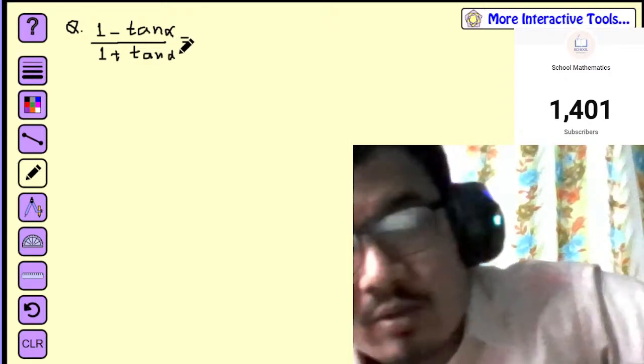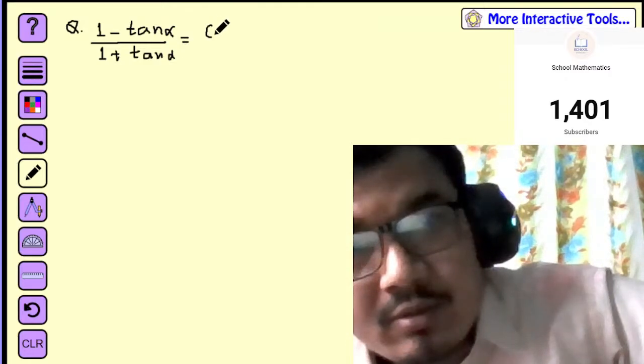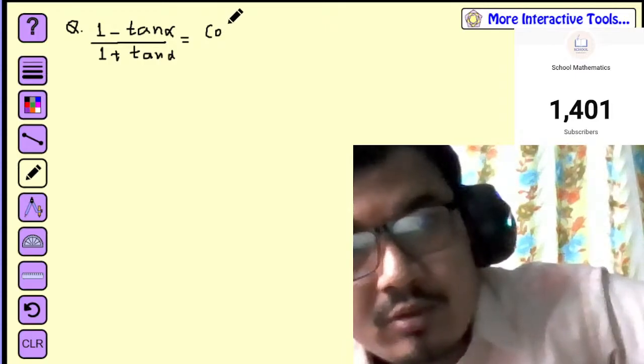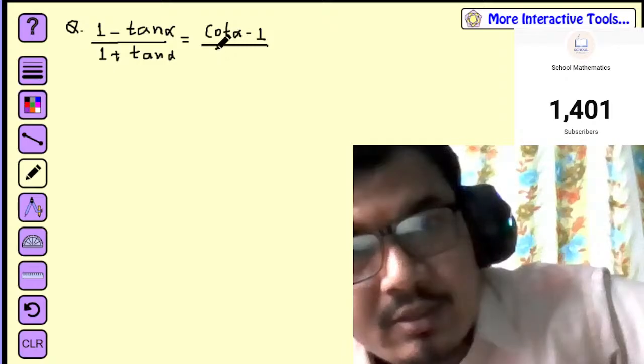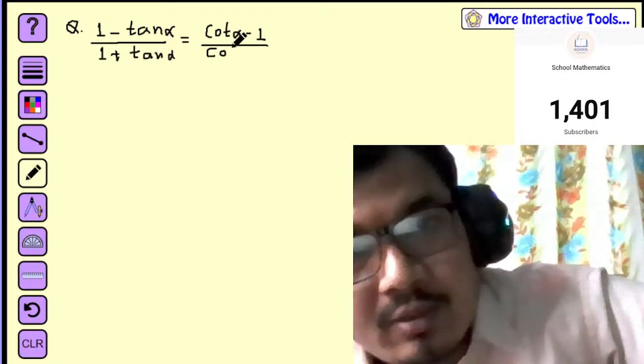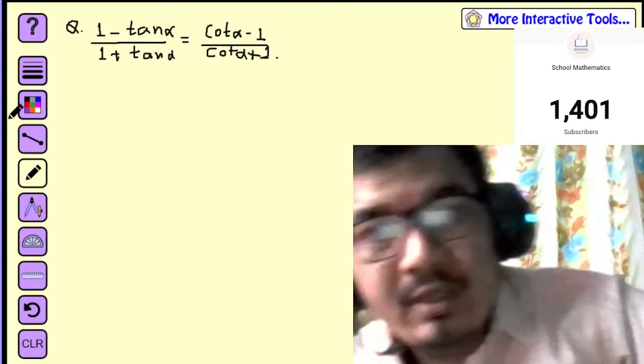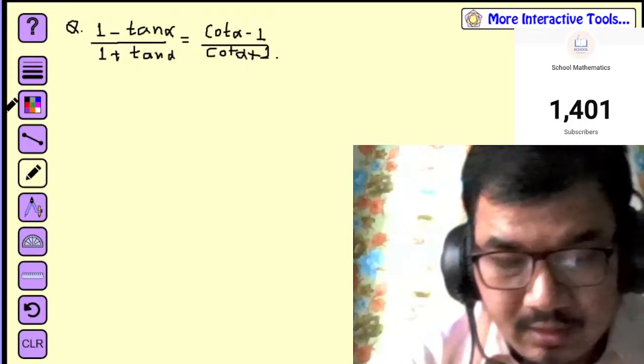The answer is given there: cot alpha minus 1, and divided by there is cot alpha plus 1, right, like this one. In this condition, how to do?